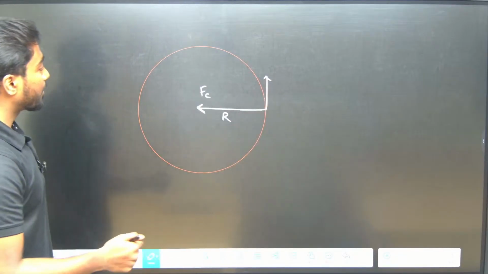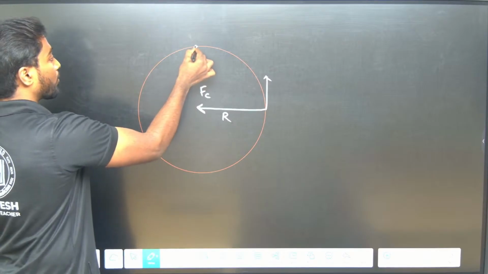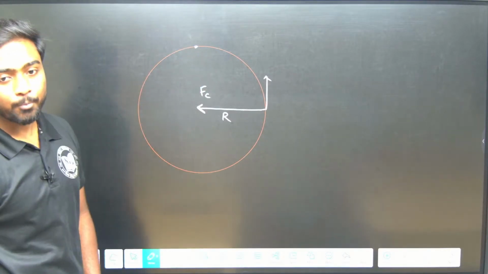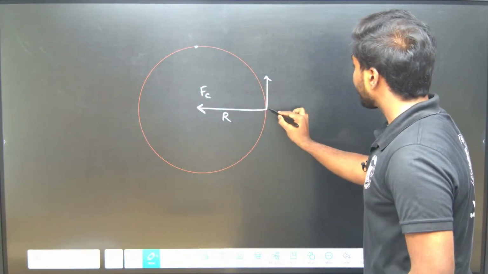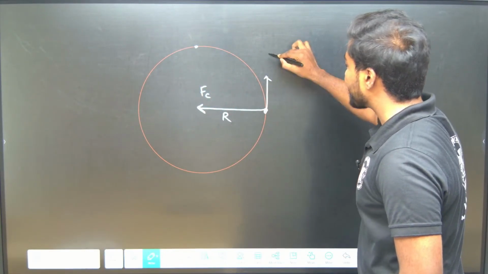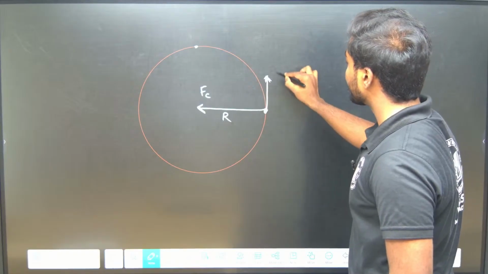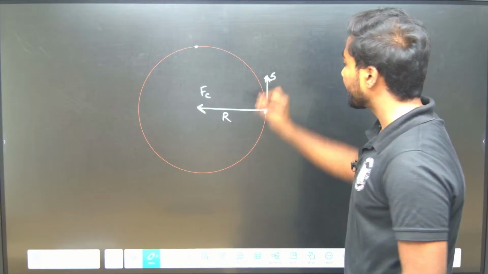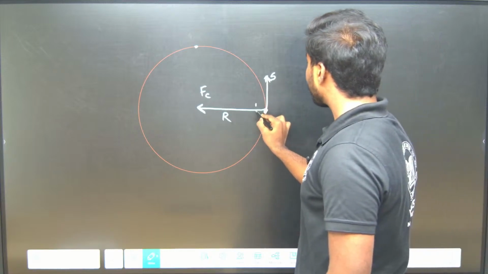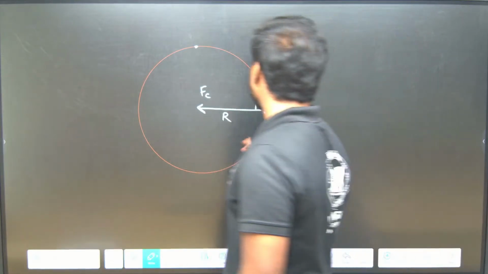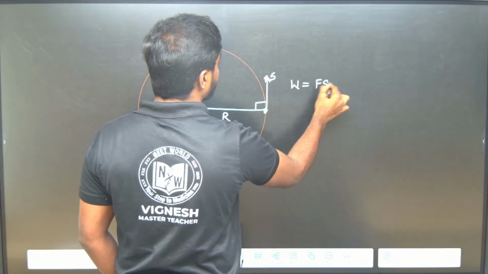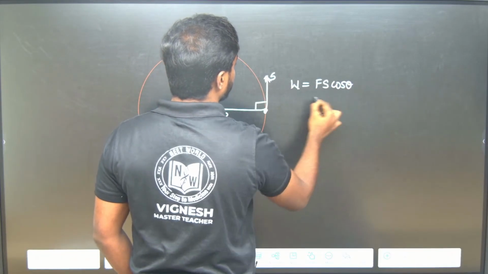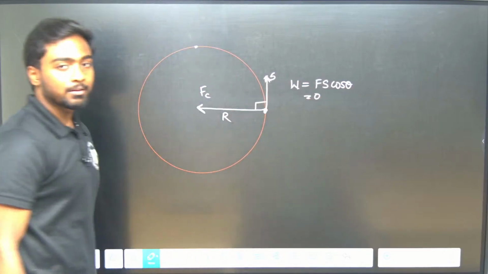If I consider any point and draw a tangent at that point, that is the direction of the object's displacement. So the work done for a circular path is always 0.